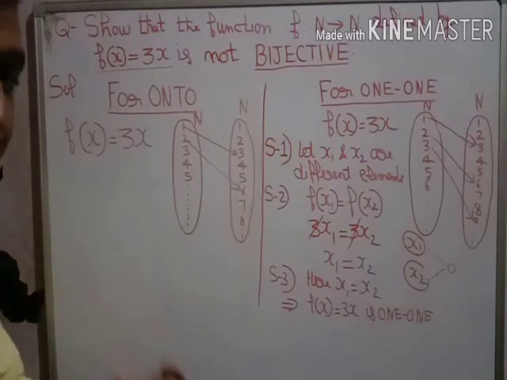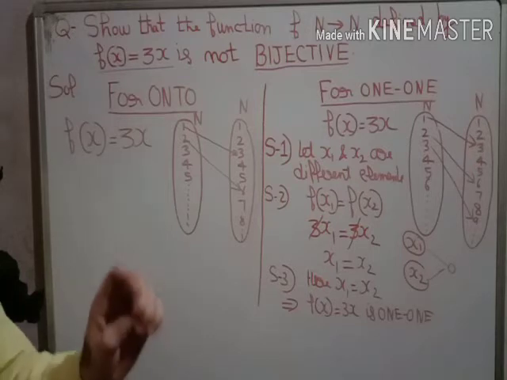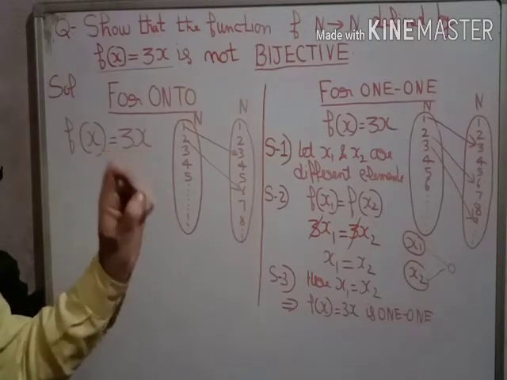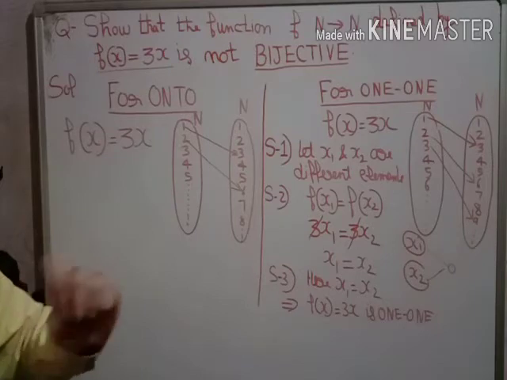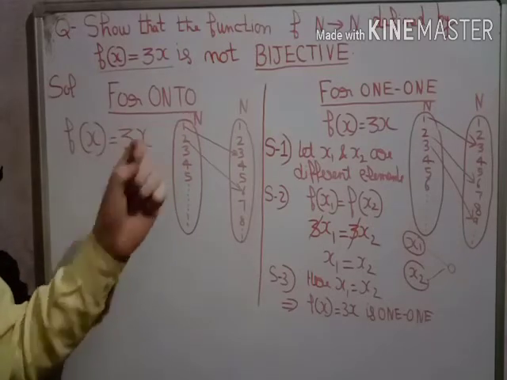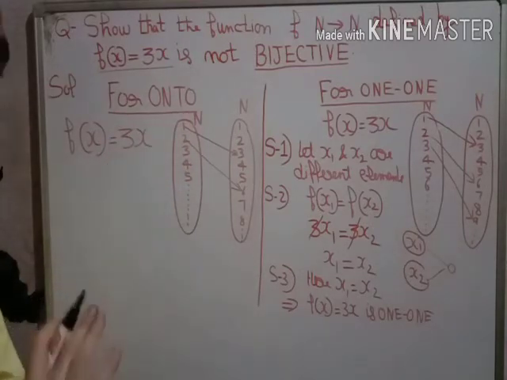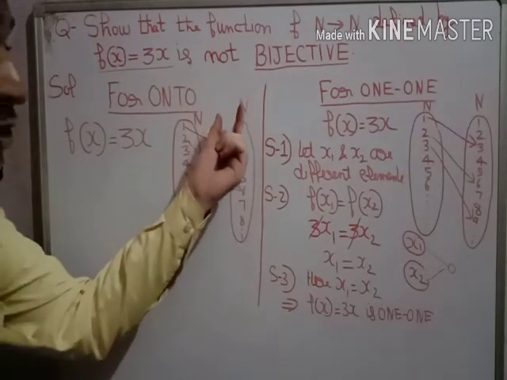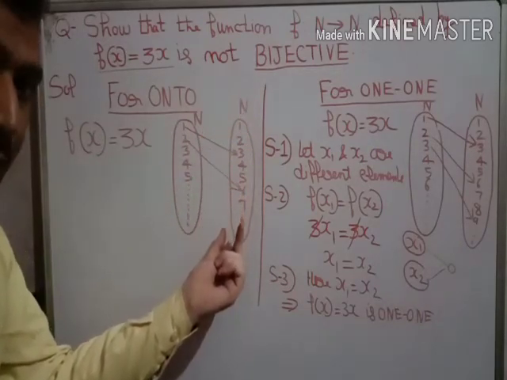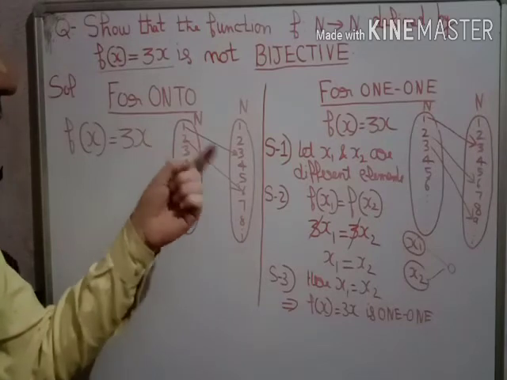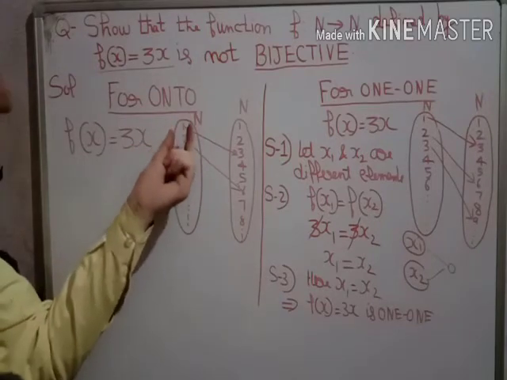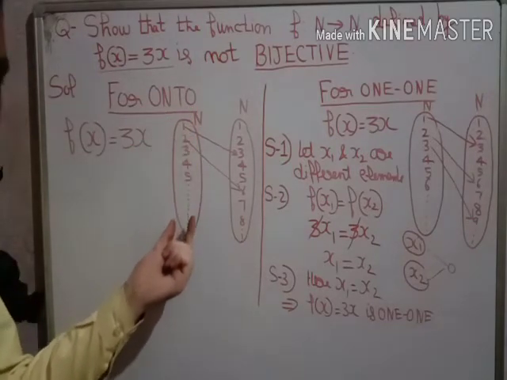And for your kind information, in the last video we have discussed types of functions based on mapping, that is 1-1 function and onto function. Over there about onto function we discussed that a function is called onto if each element in its codomain will have an image of some element in the domain.